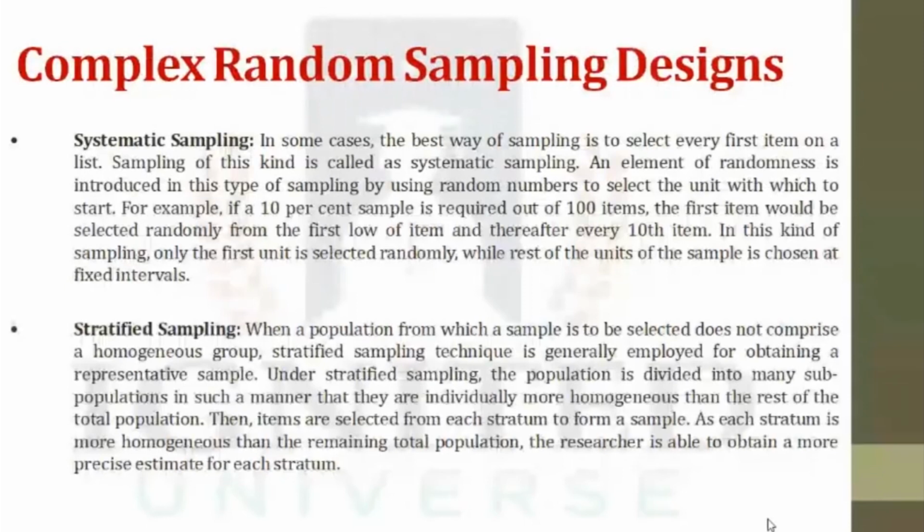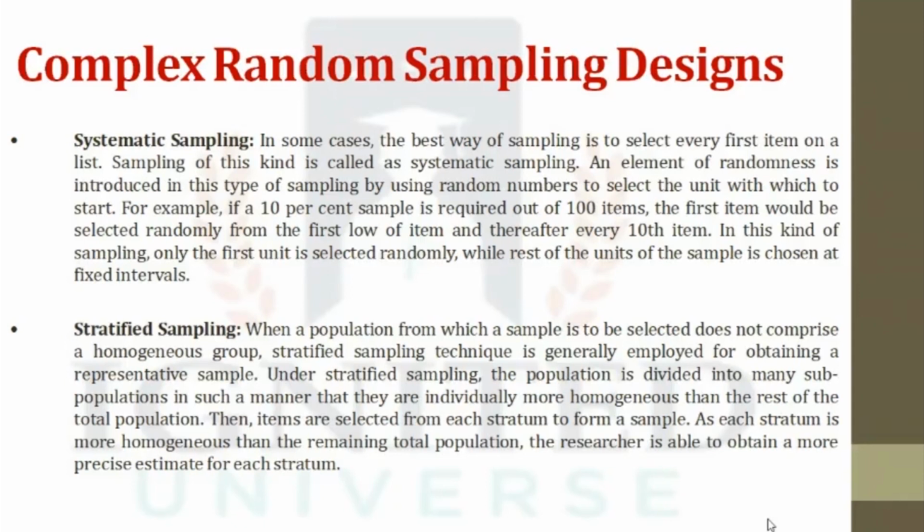So, to conclude stratified sampling: when a population from which a sample is to be selected does not comprise a homogeneous group, the stratified sampling technique is generally employed for obtaining a representative sample.